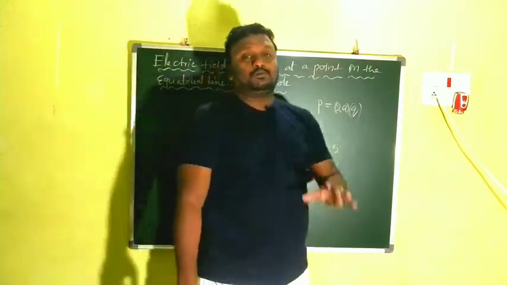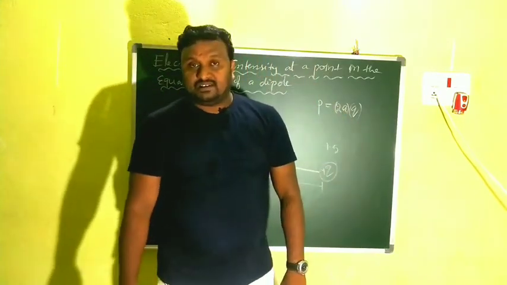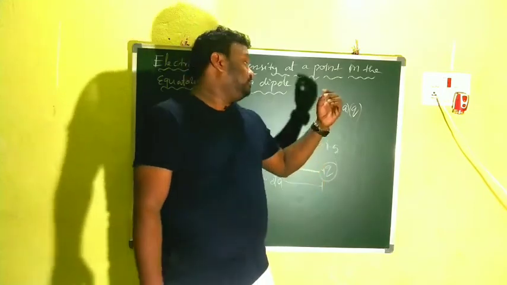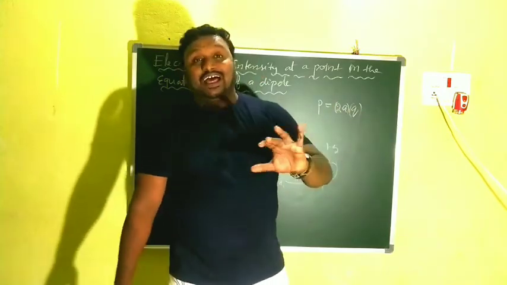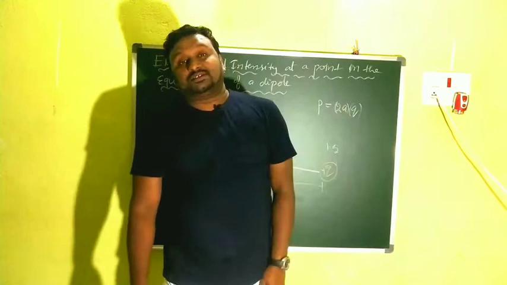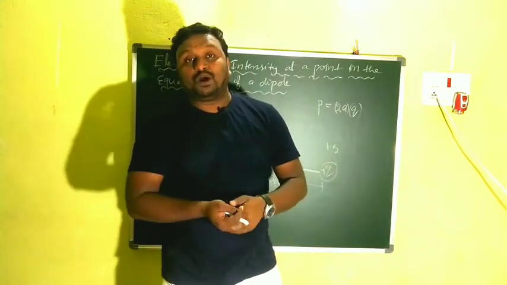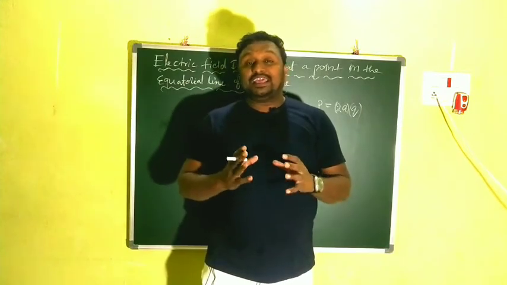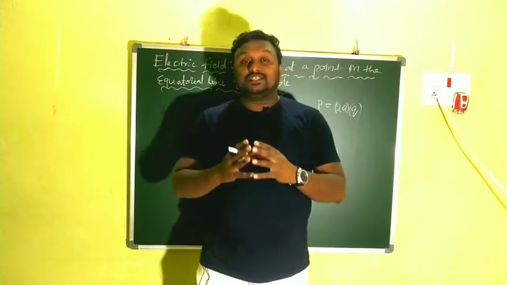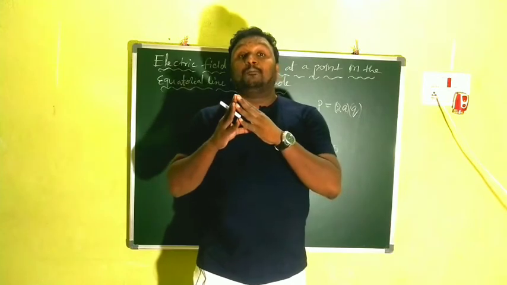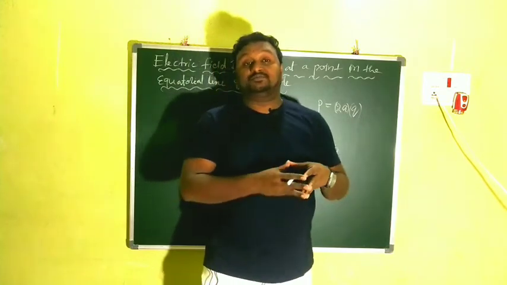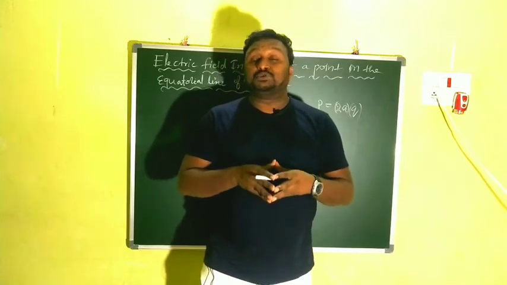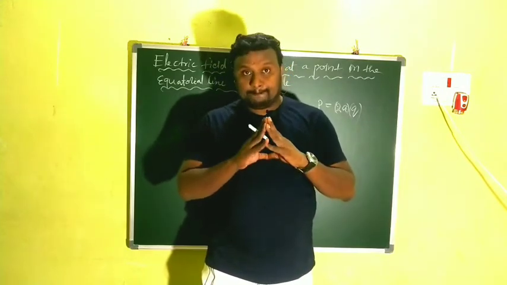What is the magnitude? 5. The magnitude of one charge multiplied by the dipole length gives the dipole moment. Simply, dipole moment is the product of the length of the dipole and the magnitude of one charge. Dipole moment is represented by the letter p.